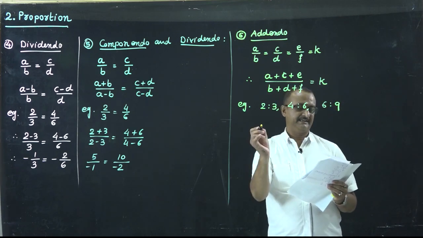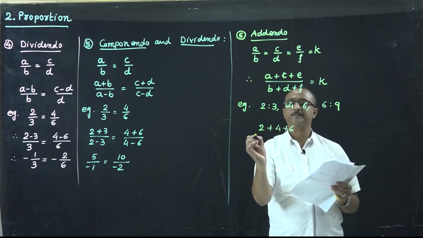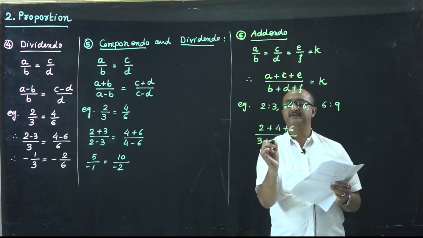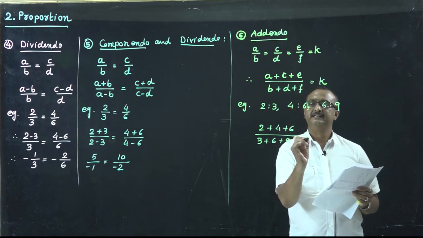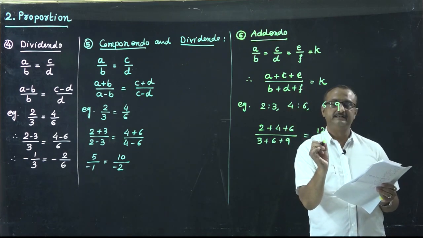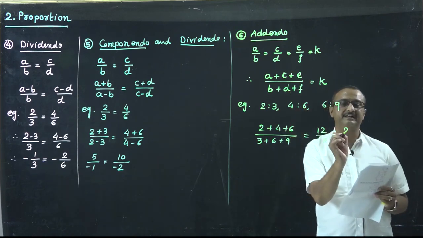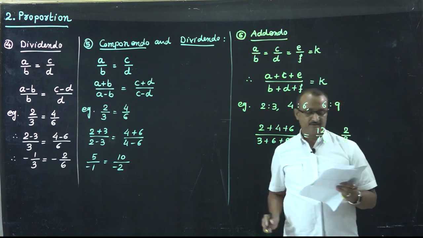So we can write 2 plus 4 plus 6 upon 3 plus 6 plus 9 equal to 12 divided by 18, and if we cancel both the terms by 6 we will get 2 by 3. Okay.